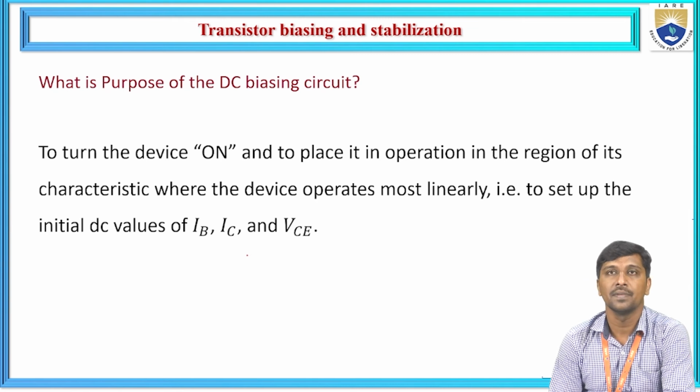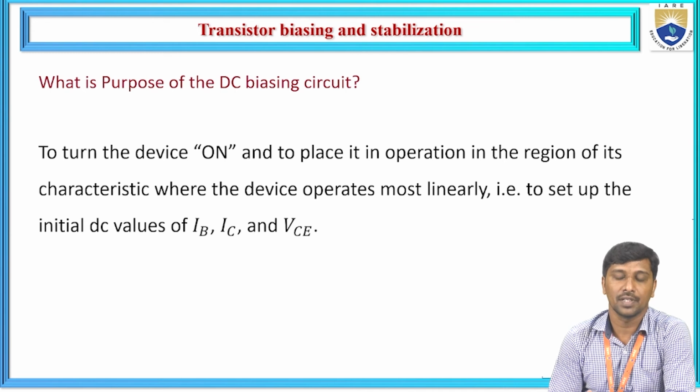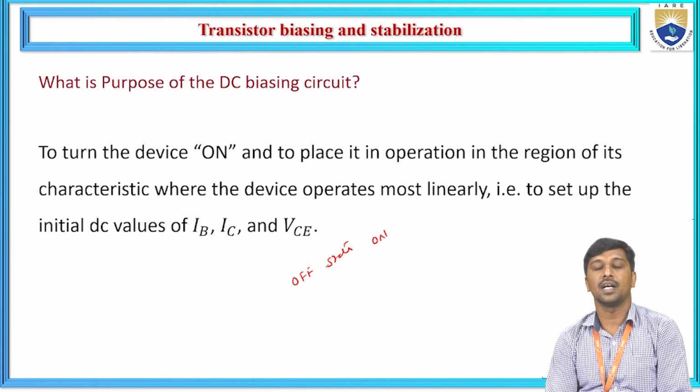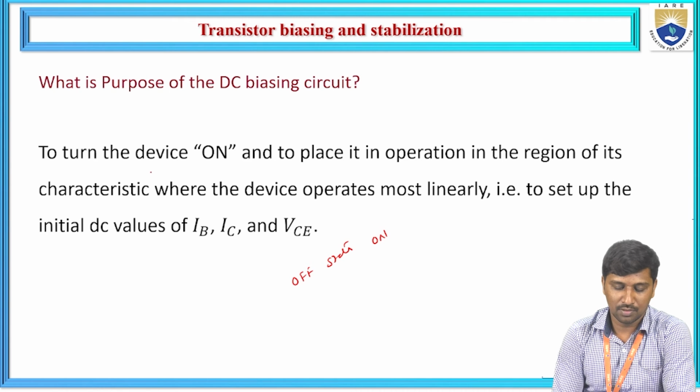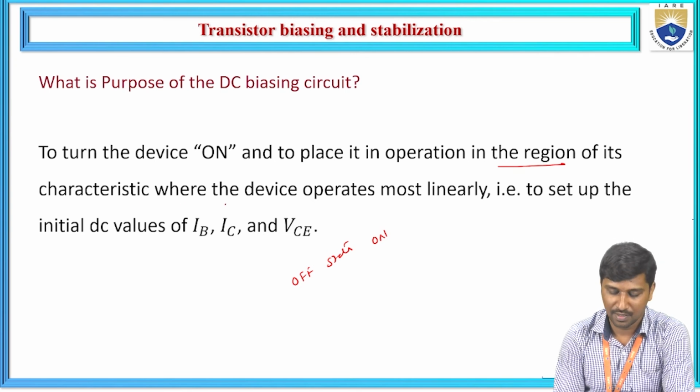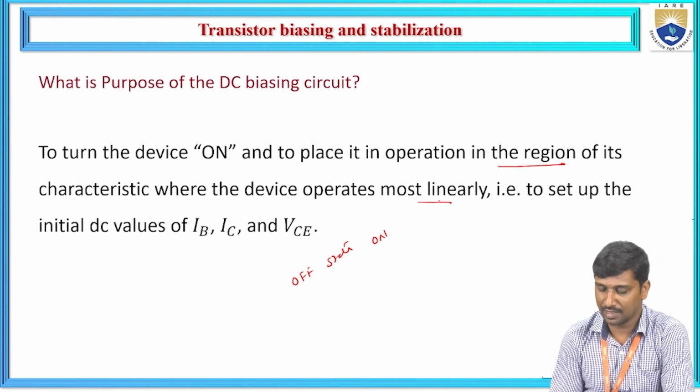Then we need to identify how much DC voltage is required to make the device conduct, that is, to change the state from off to on. The DC biasing circuit turns the device on and places it in the region of its characteristic where the device operates most linearly.